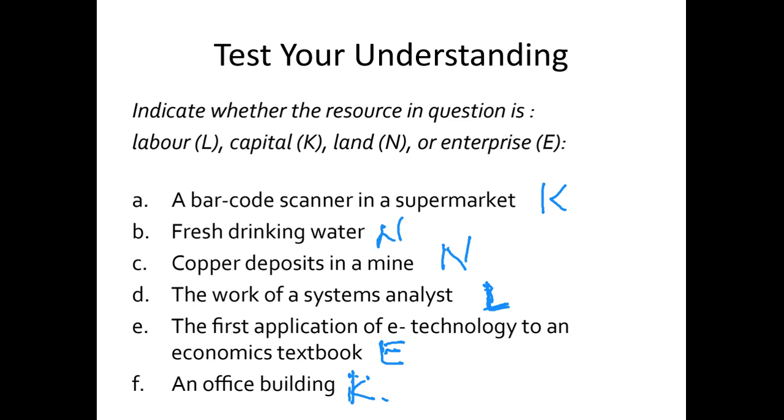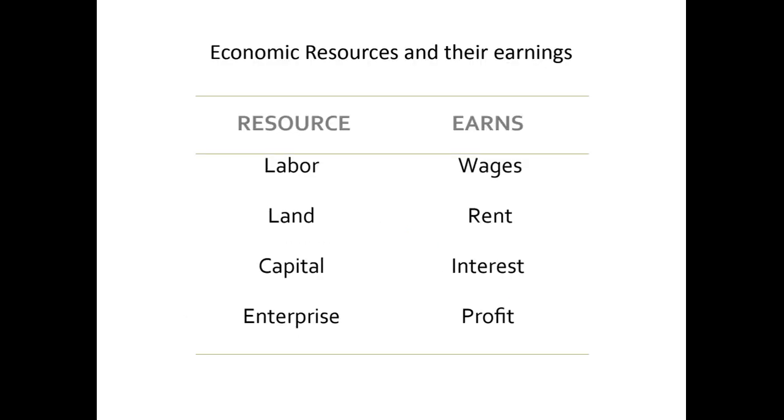Now let me go back to this slide. This table simply shows you the earnings of these economic resources. So we have four economic resources or four factors of production: labor, land, capital, and enterprise. And these are the earnings of these factors of production.